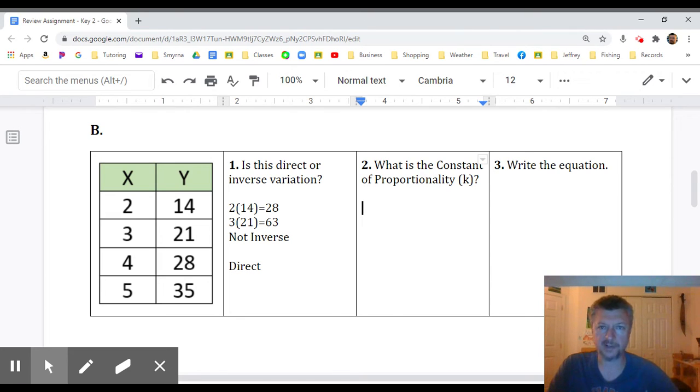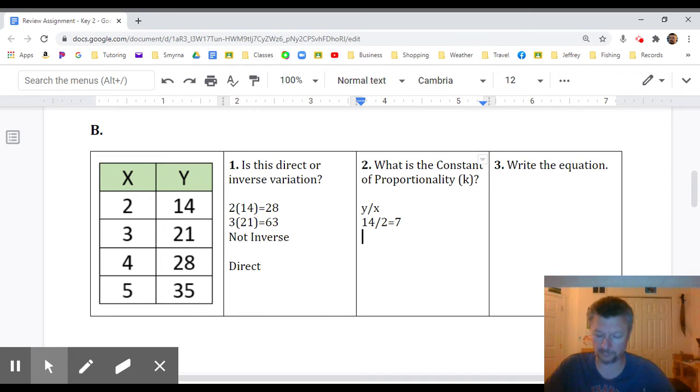Okay, so to find the constant of proportionality for direct, we have to do y divided by x. Now, a lot of people did x divided by y on the homework. Make sure you're doing y divided by x. The first y is 14, first x is 2. There we go, 7.